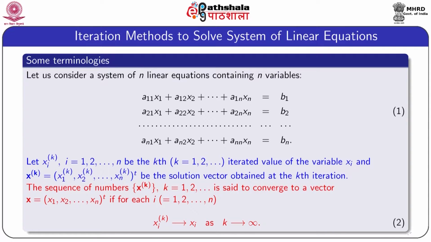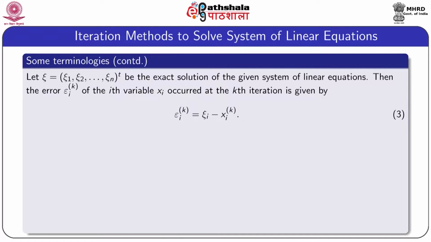The sequence x^k, k equal to 1, 2, 3 and so on, is said to converge to a vector x equal to (x1, x2, ..., xn) transpose if for each i, xi^k, the kth iteration value of the variable xi, tends to the corresponding xi when k is very large, that means when k tends to infinity.